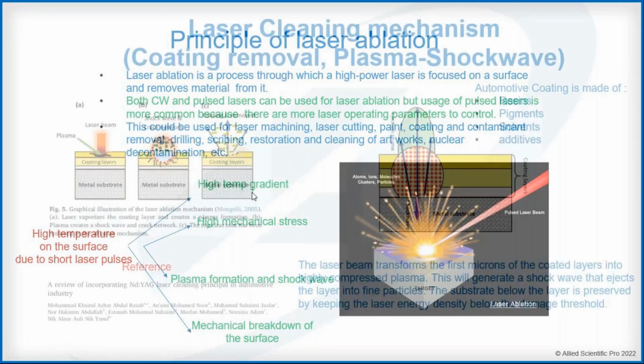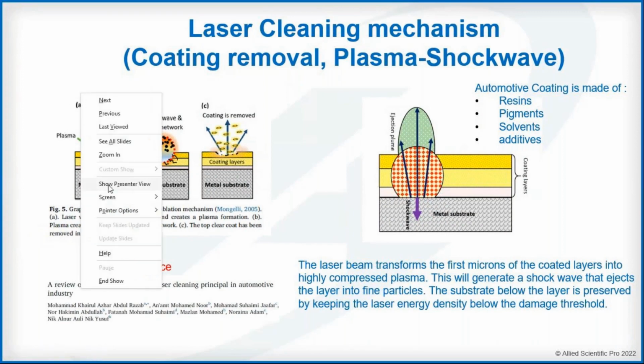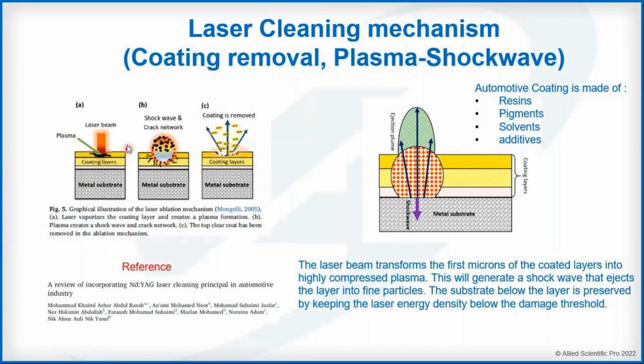For the laser cleaning mechanism, I'm showing this example from a Malaysian author in the car industry. Here you can see that there is car paint. I'm going to activate the laser pointer here.